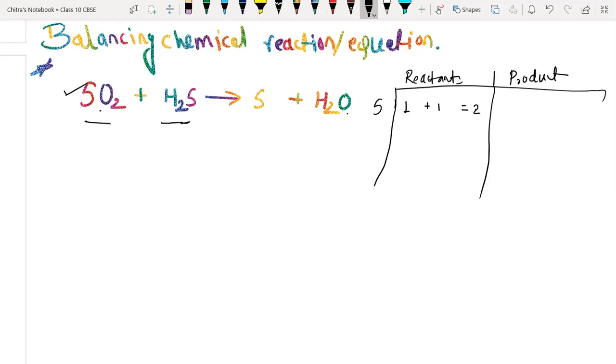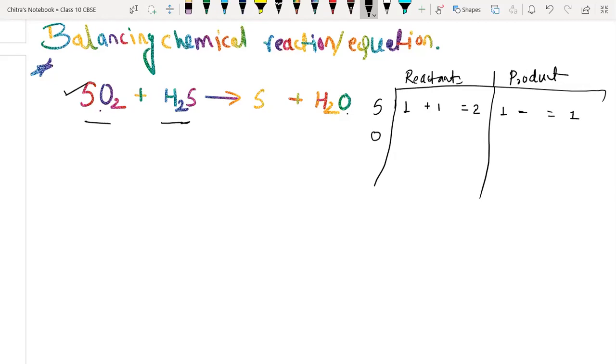Okay, but on the product side we have sulfur only in the first product, so we have only one here, and in the second product we do not have any, so we just leave it, or we can write a dash. So the total number of sulfur on the product side is one only. After sulfur we will check for oxygen. So the next atom will be oxygen.